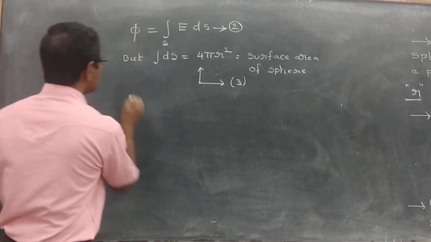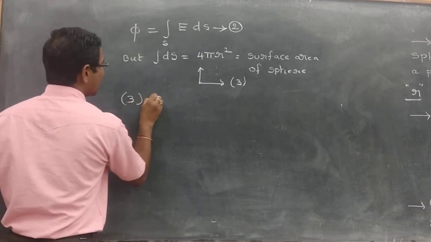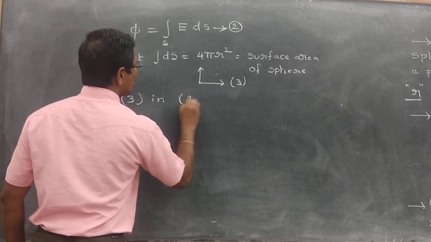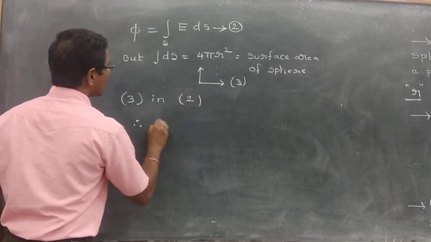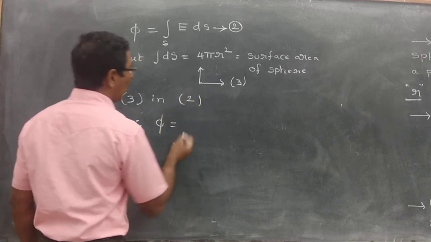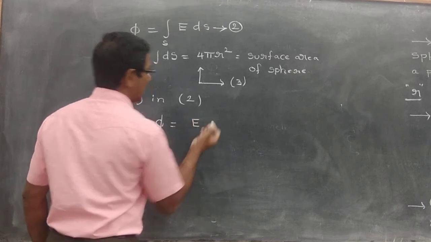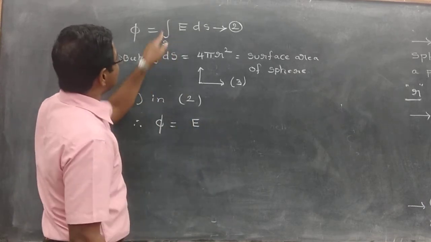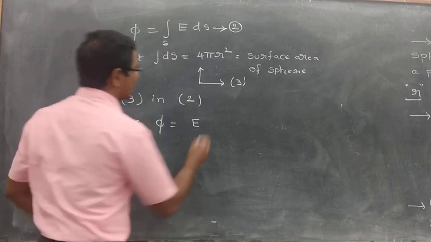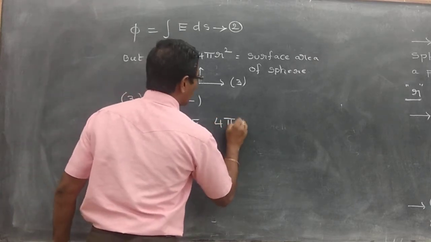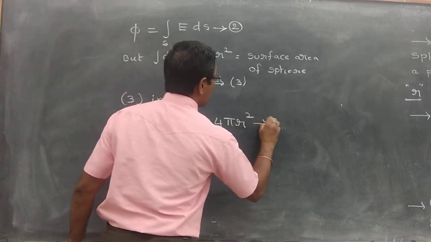Now, 3 in 2. Therefore, phi is equal to E into, what is integral ds? Integral ds is equal to 4 pi r square.